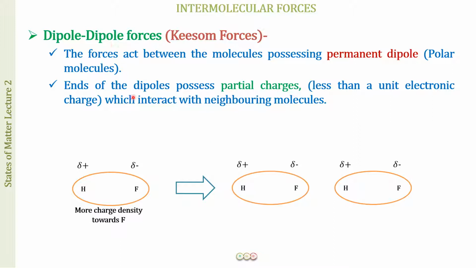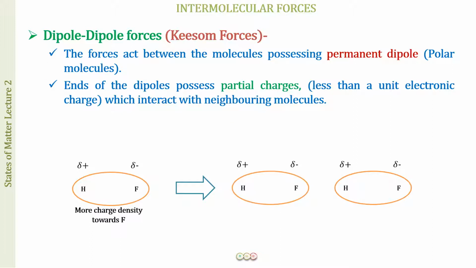Now the other thing is that the fluorine ends can also approximate each other. In that case, it is going to be a repulsion. But what are we talking about here? Only the attraction part. So please do understand that when the fluorine end and the hydrogen end approximate each other, the force of attraction they are going to feel towards each other is called the dipole-dipole force.